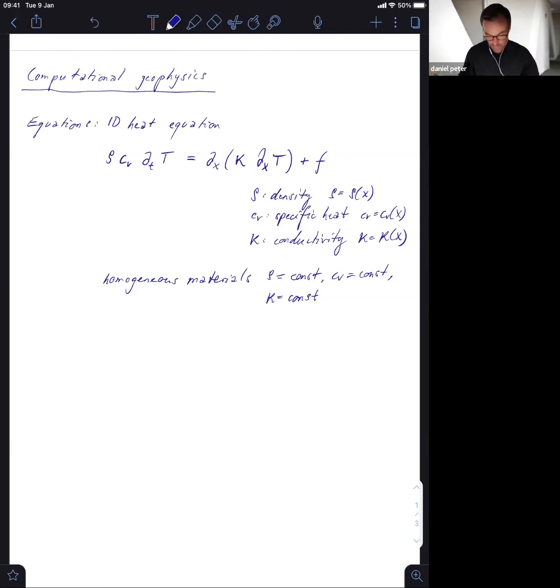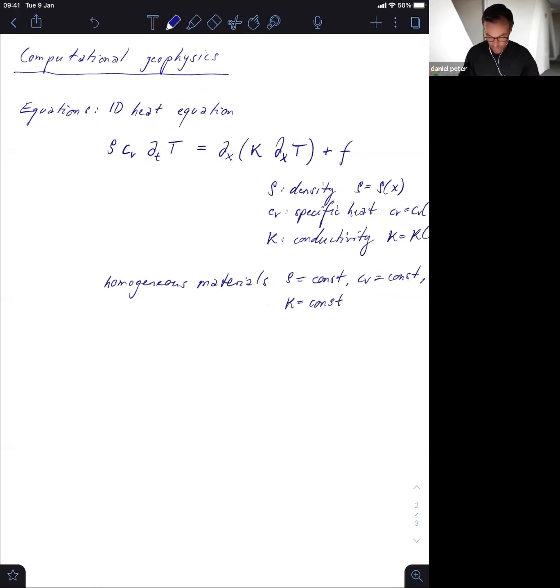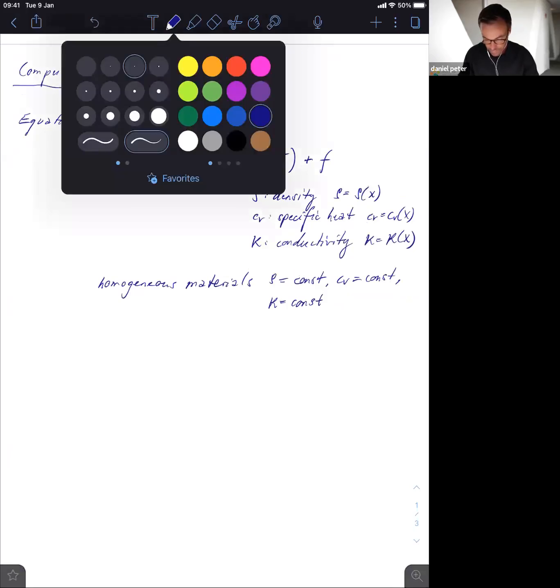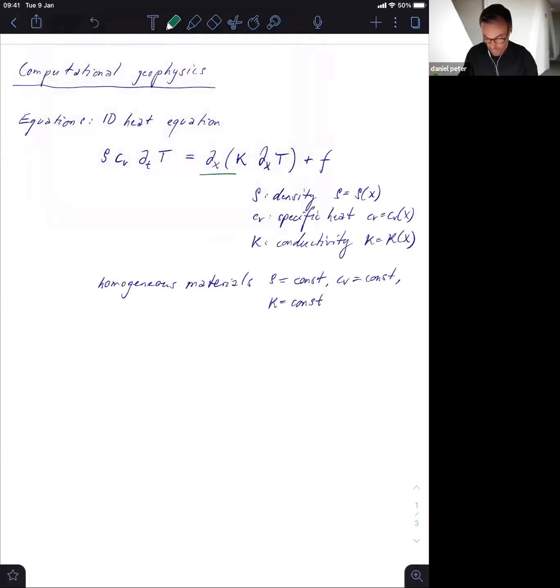So then we can simplify the equation a bit, especially this part here. You see the derivative here. Now, if the conductivity is constant, you can just take it in front.